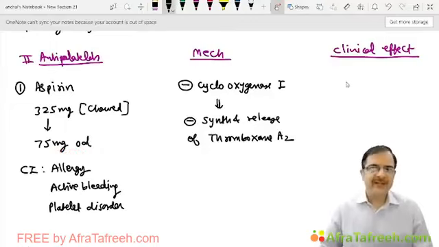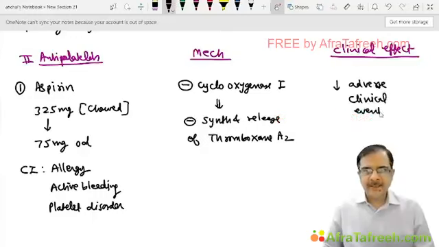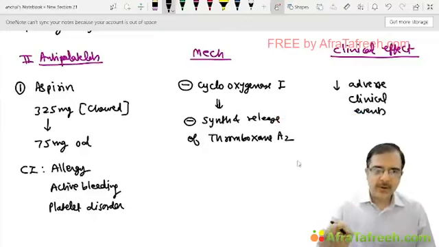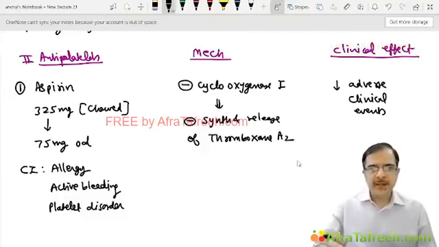Now, what is the clinical effect? Clinical effect of aspirin is it reduces the complications of MI. So it decreases adverse clinical events. It can be death, or it can be a conversion from angina into MI, CHF.